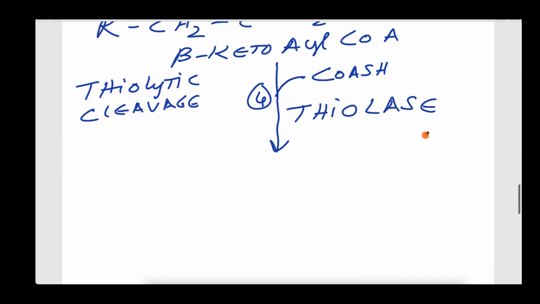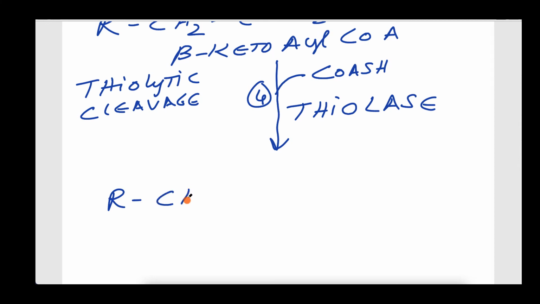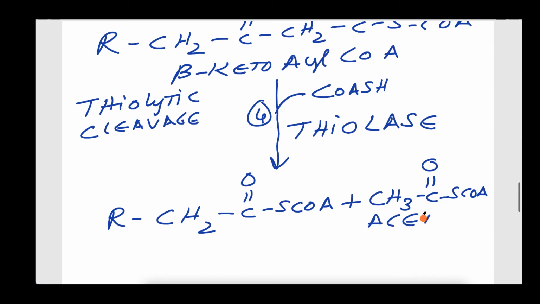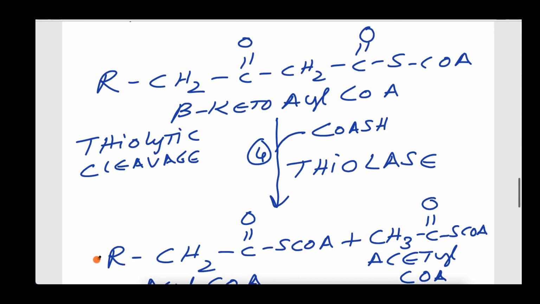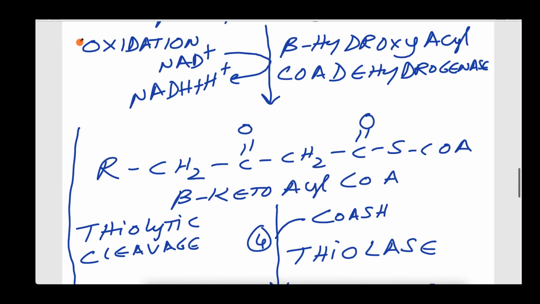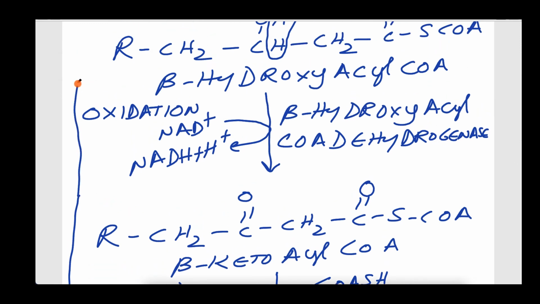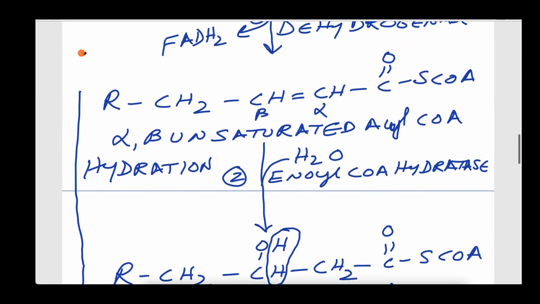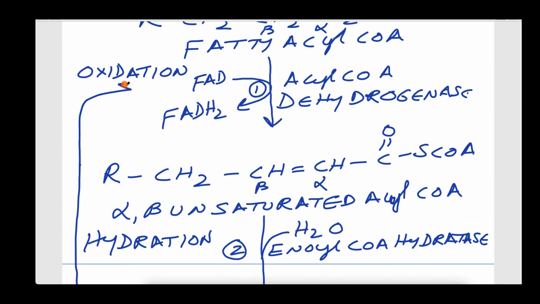What we get here is acyl coenzyme A and acetyl coenzyme A. This acyl coenzyme A, two carbons less than the original, goes back and participates in the first reaction.